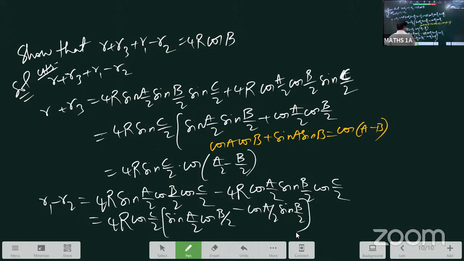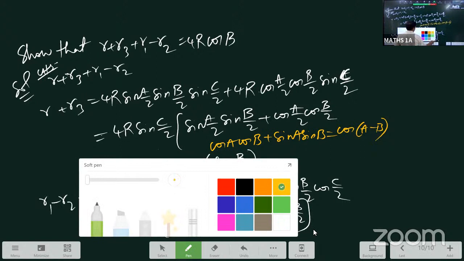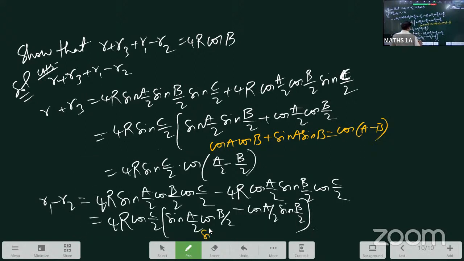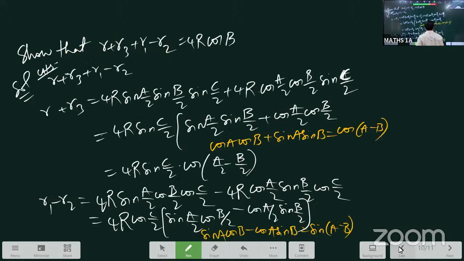How does it look? Which formula here again? Sin A cos B minus cos A sin B, sin of A minus B. That is 4R cos C by 2 into sin of A by 2 minus B by 2, right?